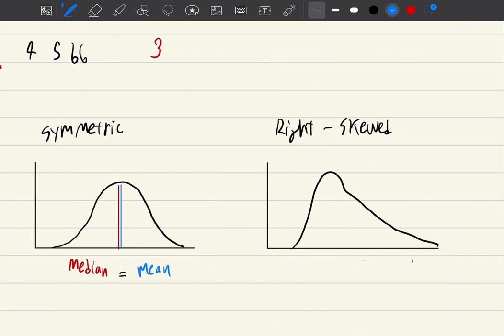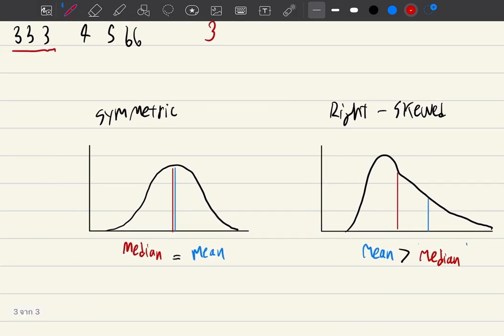The right skewed is the opposite of left skewed. So it's going to tell us that the mean is more than the median. So the mean is going to be like this, and the median is going to be like this.